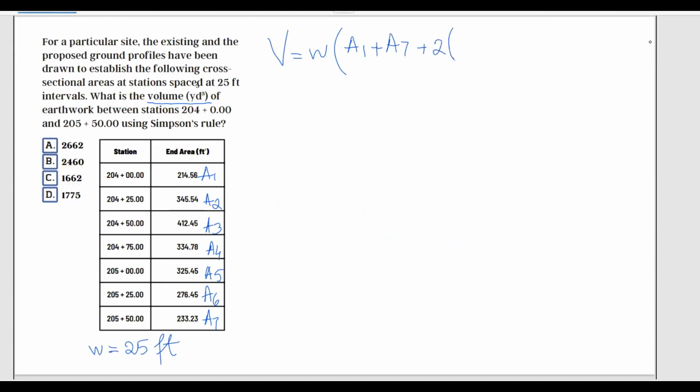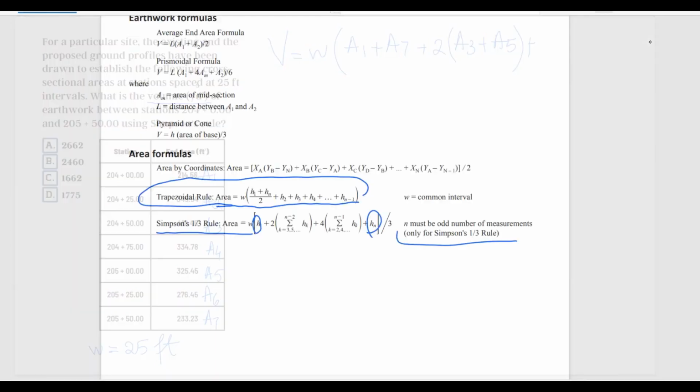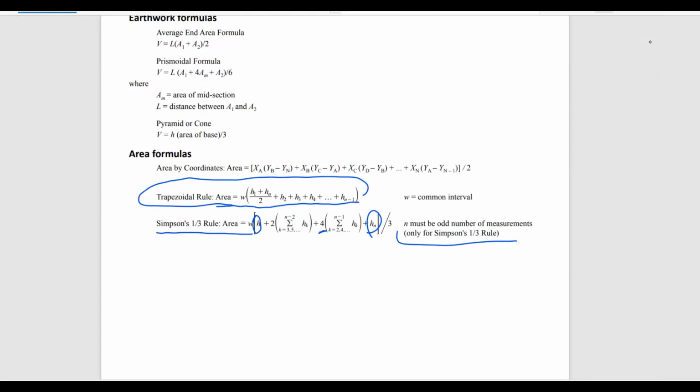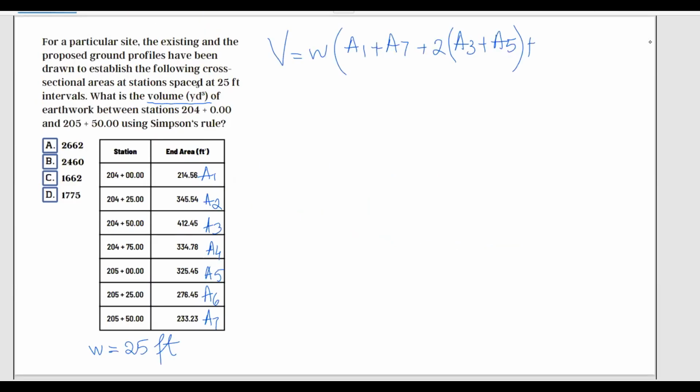Plus 2 times A3 plus A5. Next we have to multiply with 4 all the areas that are even numbers. If n is odd number minus 1, we get an even number. So all the areas with an even number, we multiply with 4. That means we have A2 plus A4 plus A6. Close this parenthesis. Let's make this a square parenthesis, equals.